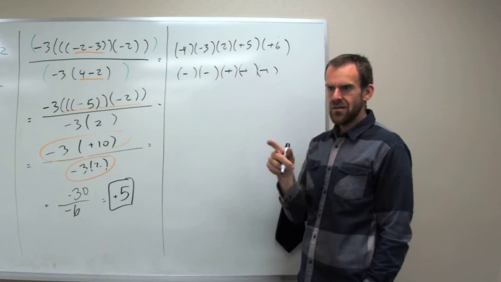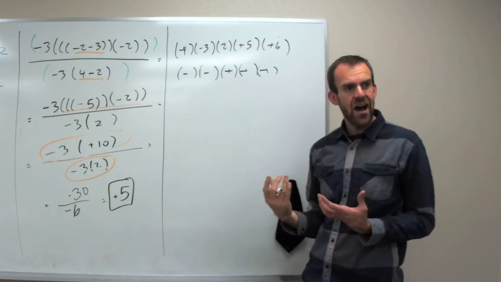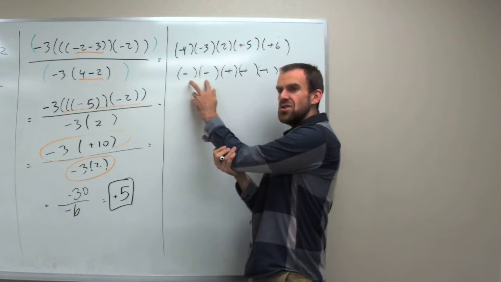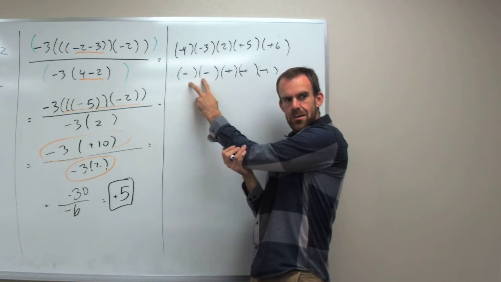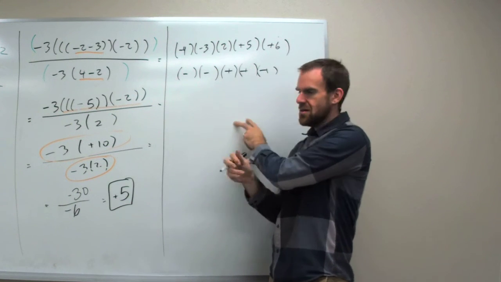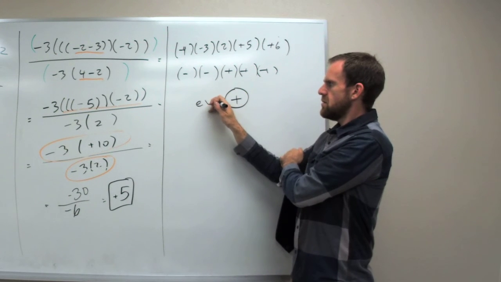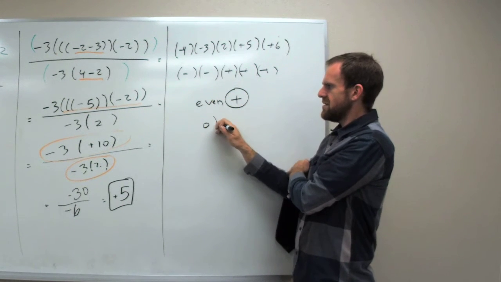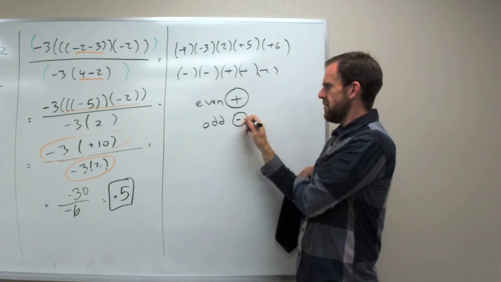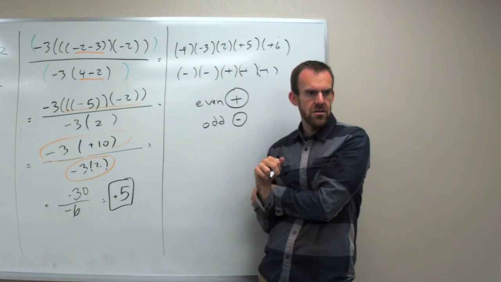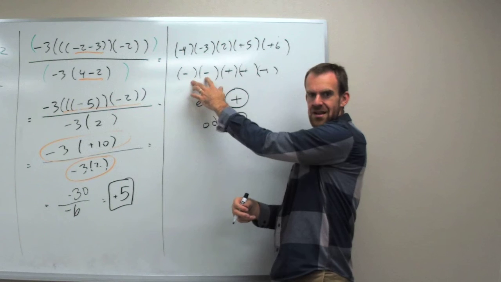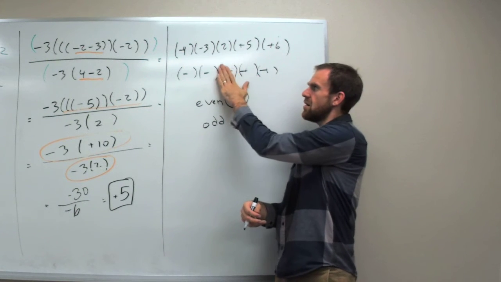Positive. Okay, I got positives and negatives. Let's count how many minus signs we have. We have 2. When we have an even number of minus signs, the answer is positive. If it's odd, then it would be negative. So if you have an even number of minus signs, we don't care about the pluses at all.